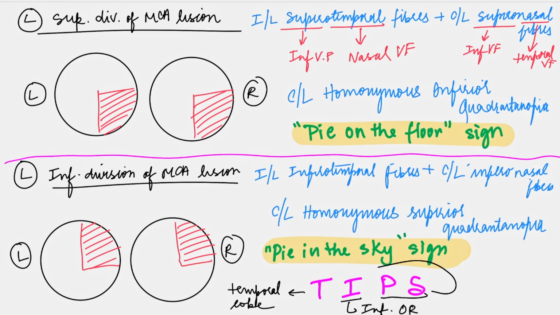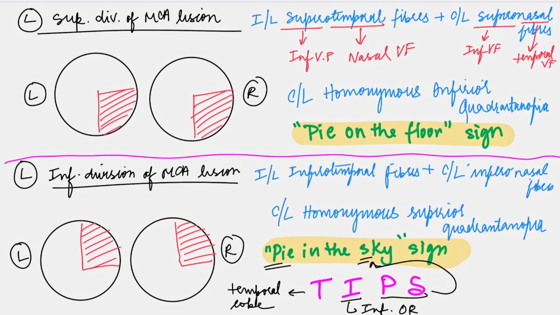And PS stands for pie in the sky. So an inferior division of MCA lesion would affect your temporal lobe, and you'll end up with pie in the sky. That would be contralateral homonymous superior quadrantanopia. A left-sided superior division of MCA lesion, you end up with pie on the floor, which is contralateral homonymous inferior quadrantanopia.